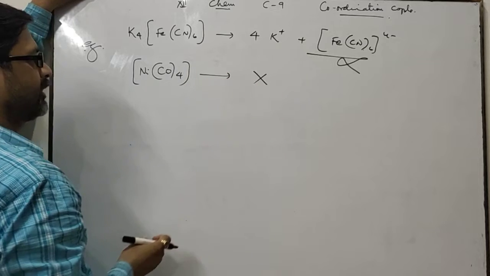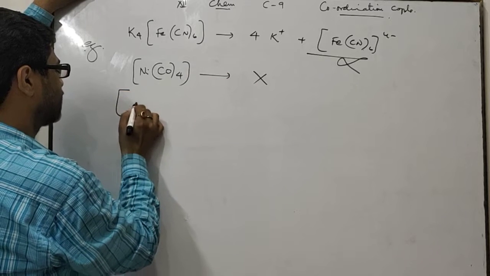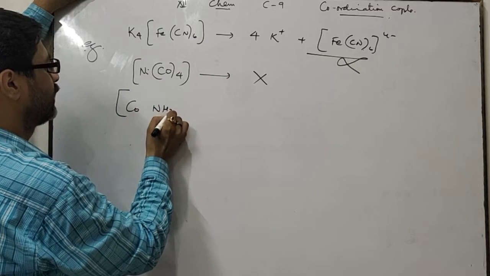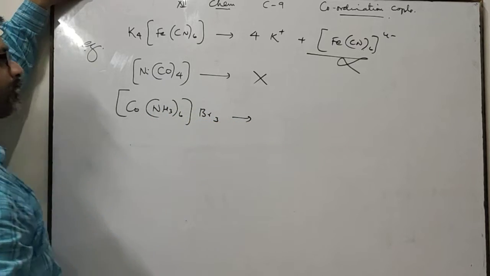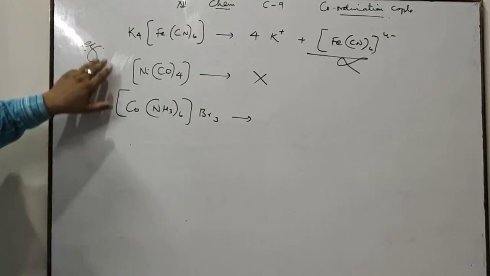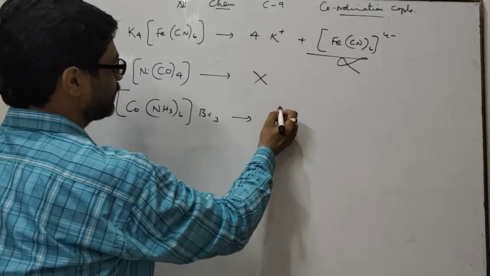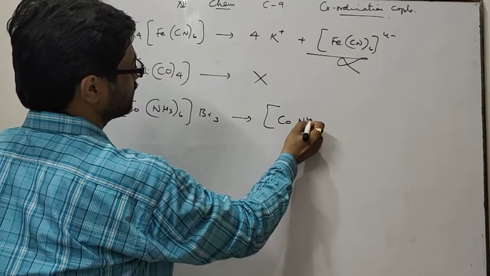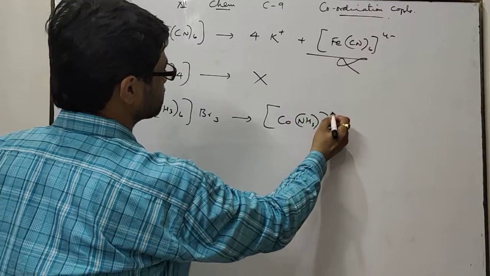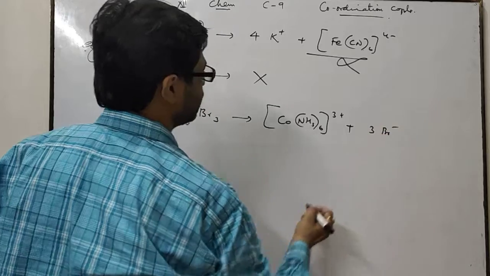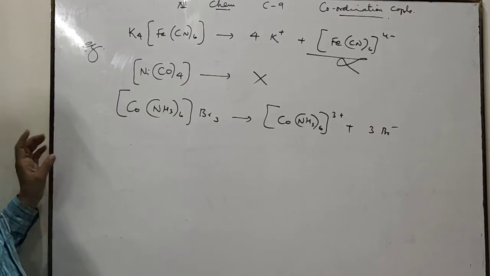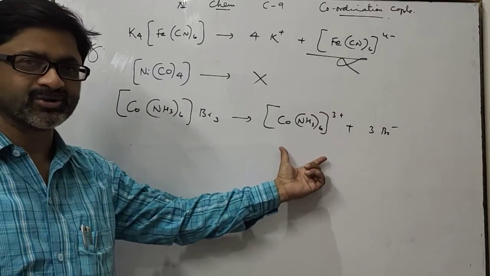Take one more example, [Co(NH3)6]Br3. This compound dissociates to form [Co(NH3)6]3+, which remains as such, and the 3Br- becomes free. This figure is known as the coordination entity.